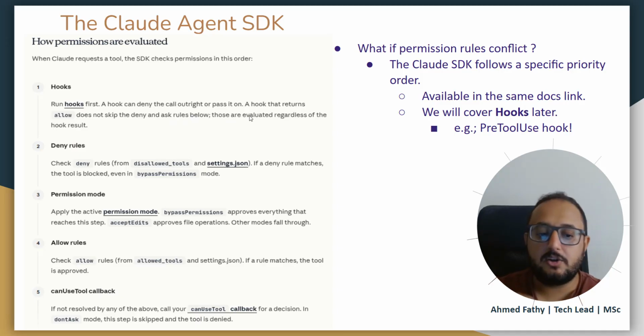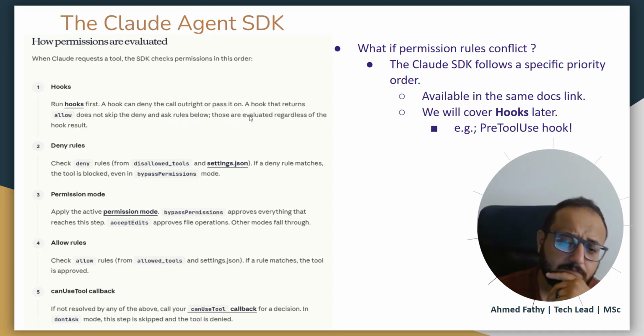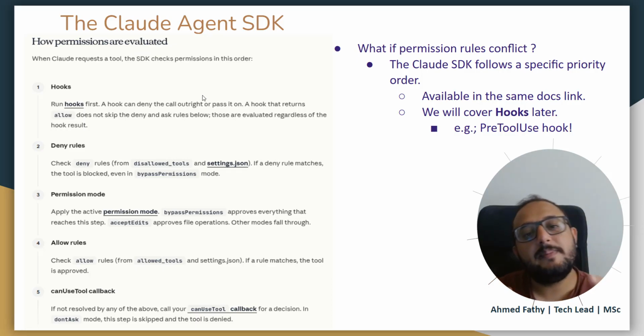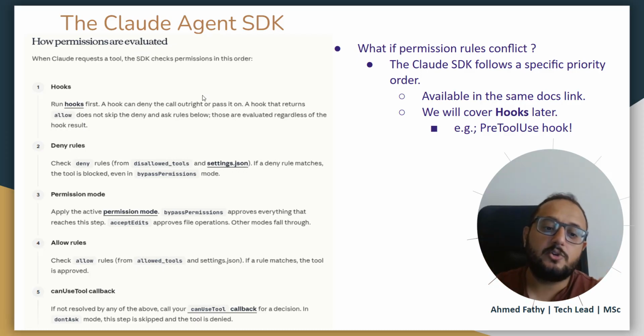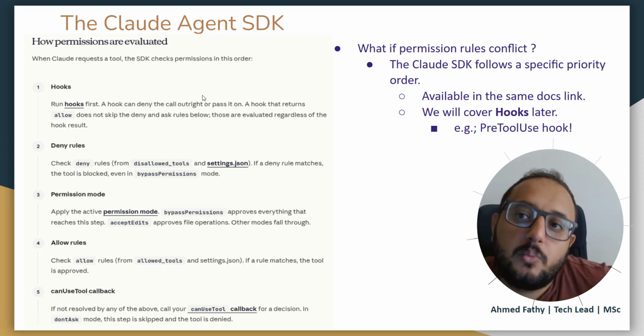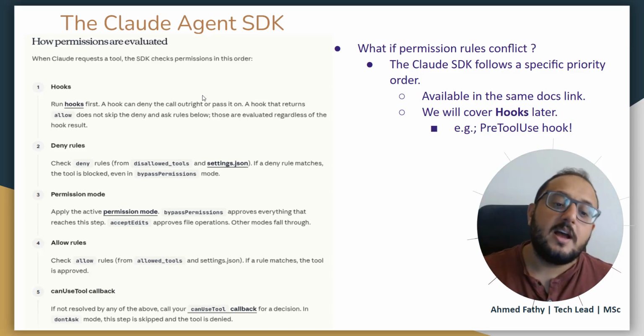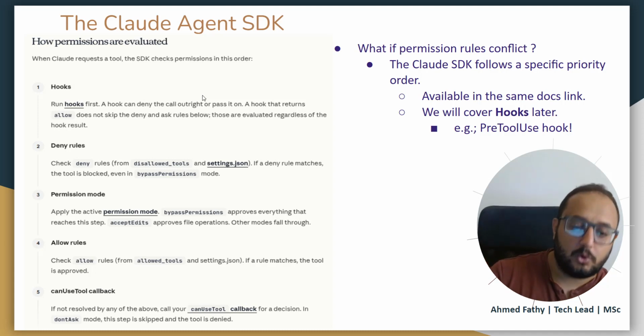Those are evaluated regardless of the hook result. And to be honest, when you talk about hooks later on, a hook's main purpose is not to deny tools. I mean, this is a little bit of an anti-pattern. You should use hooks for different things, and we'll cover when it is best to use hooks. However, it can be used to deny tool calls if you want.